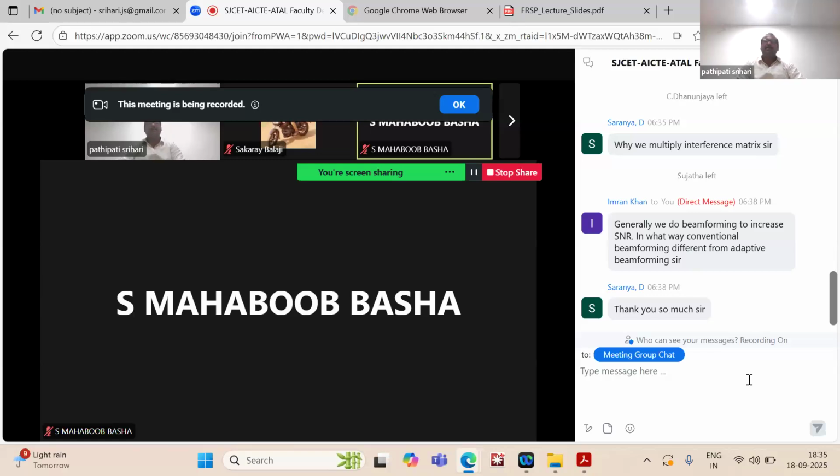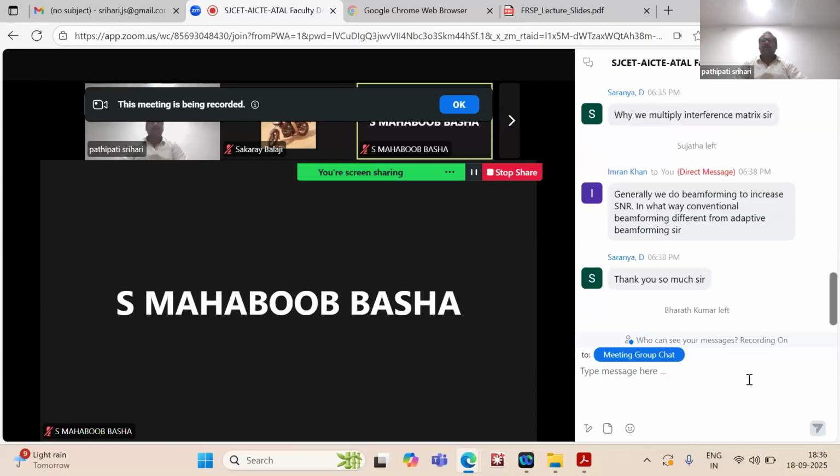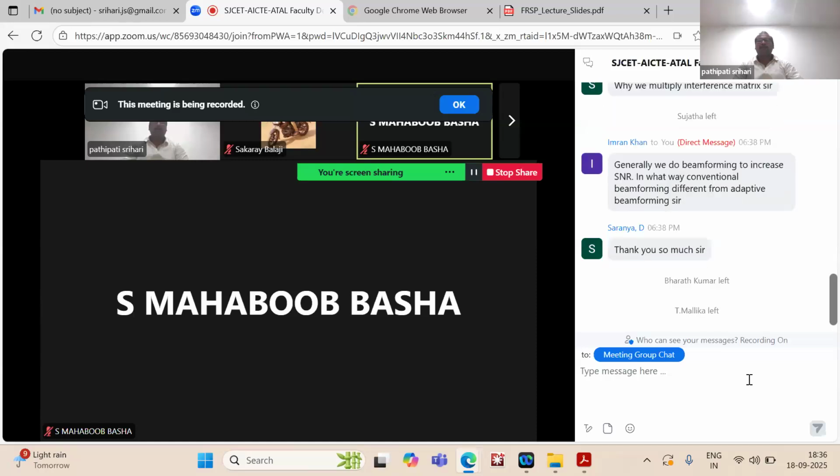The question is a little complex, so let me simplify it. Generally, beamforming is about, as I mentioned, getting the antenna pattern. When a uniform plane wave is impinging on an array normally, you know the angle: sine theta is equal to 90 degrees, so you will not get any problem.